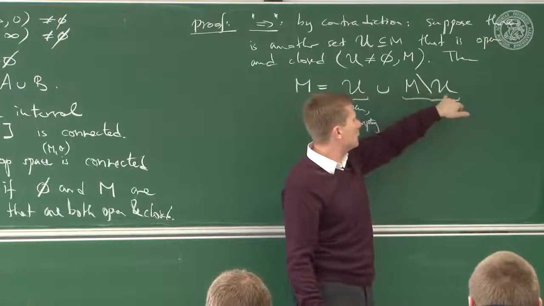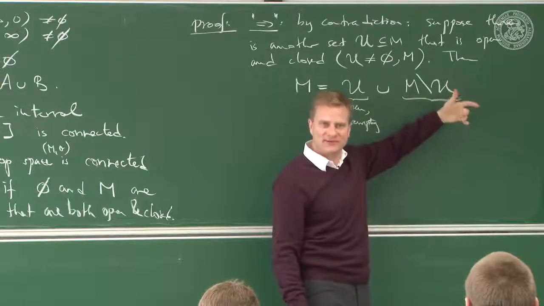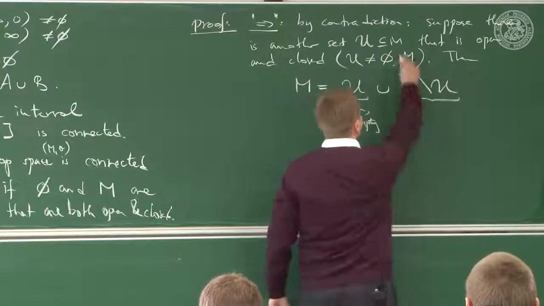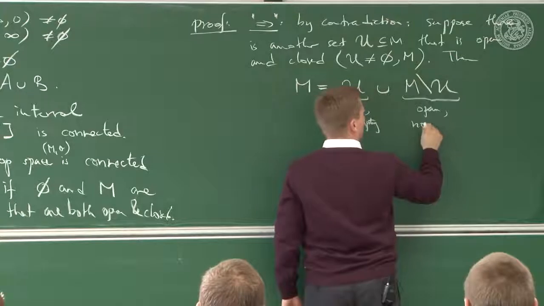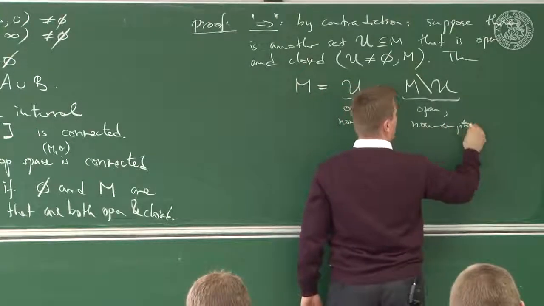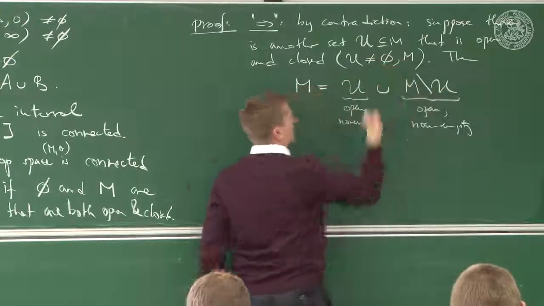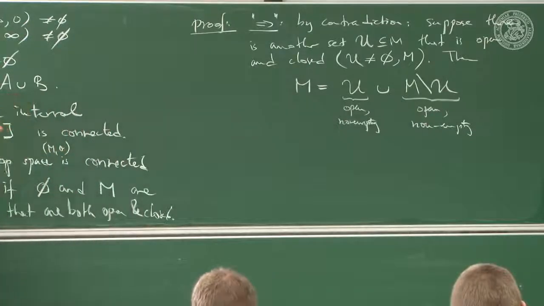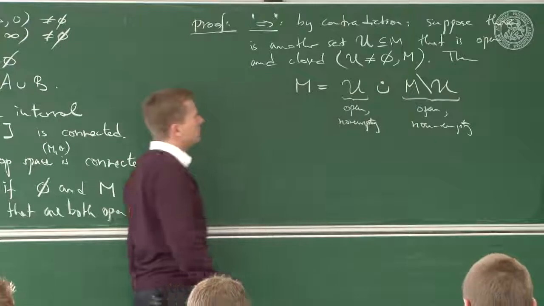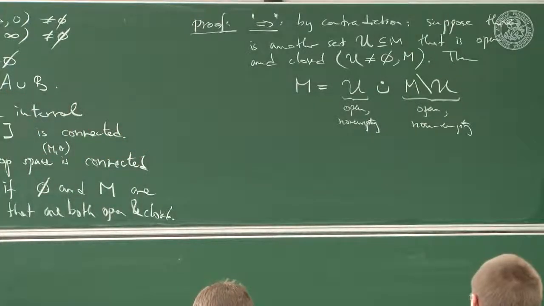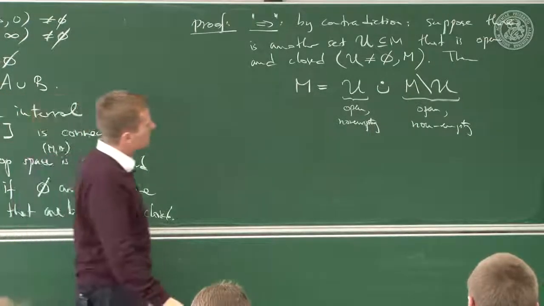So M without U is open again by virtue of U being closed. And it's also non-empty. It could only be empty if U was M, but U equals M is also excluded. And by construction, it's a disjoint union. U has no intersection with M without U.